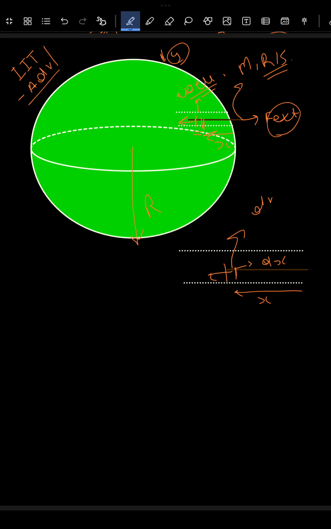We can write the mass of this element as: we know that for R by 5 length there is m mass, so for dx length there will be 5m upon R into dx. So we have the mass 5m upon R into dx.